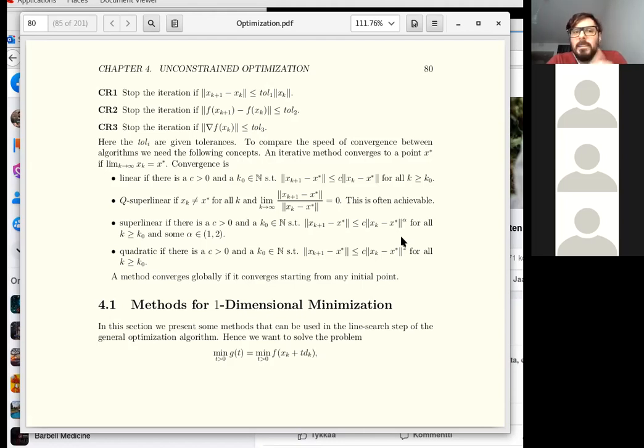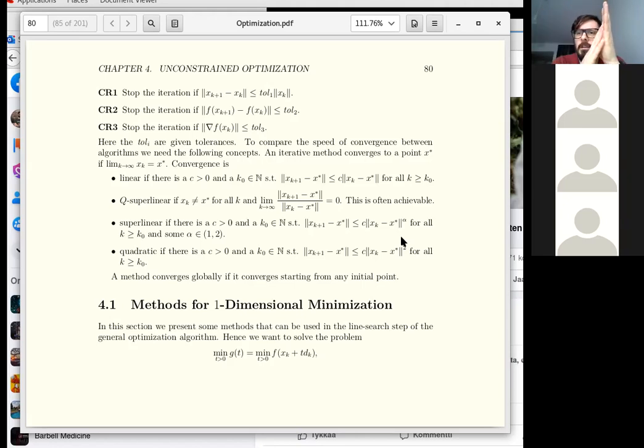Superlinear means that the points get closer and closer, not just to x star, but also closer to one another. Sorry, no. The next point is so much closer than the previous point that if this point is 10% of the way, then the next one is less than 10% and so forth.